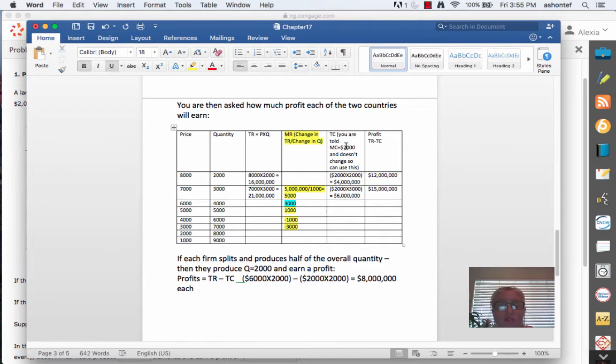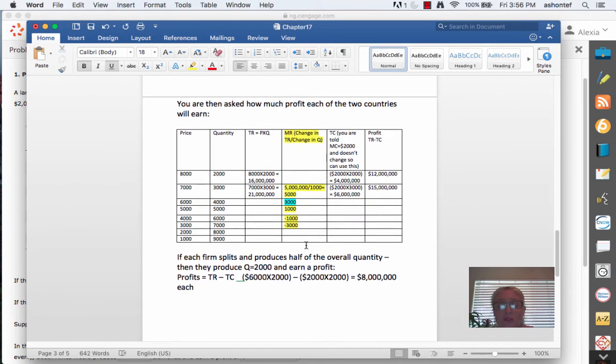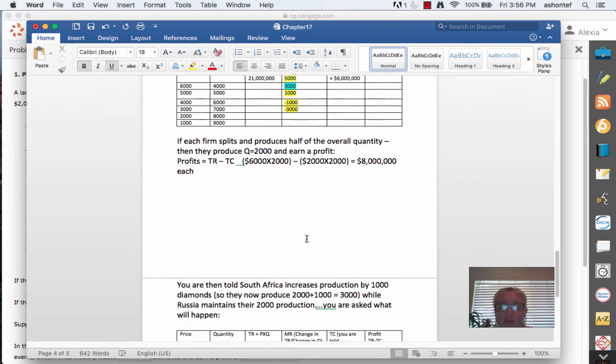Every time they produce a unit, it costs them $2,000. From that information, we are able to figure out a total cost column. I did a couple of examples. At this quantity of 2,000 units, if each one costs us $2,000 to produce, we would take the $2,000 each one costs us, times however many units we have, which is 2,000. The cost would be $4 million. If we take revenue minus cost, we would then be able to find the profit. I don't think you should have trouble answering that part of the question.